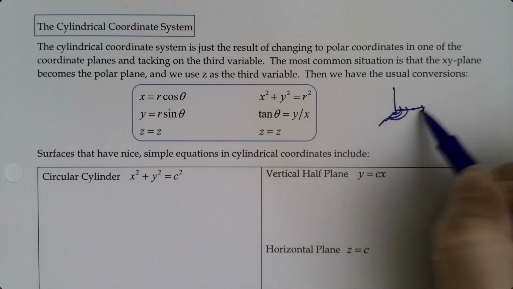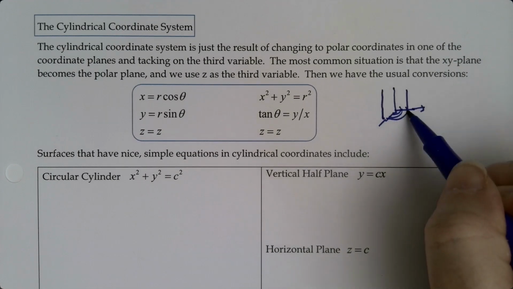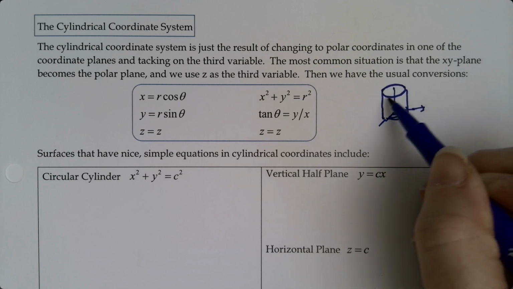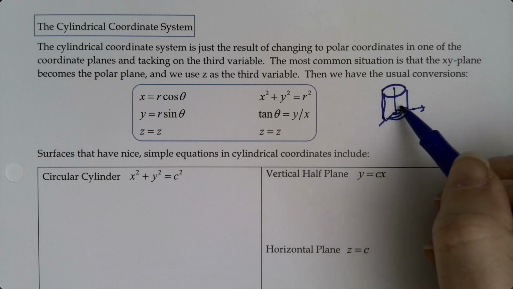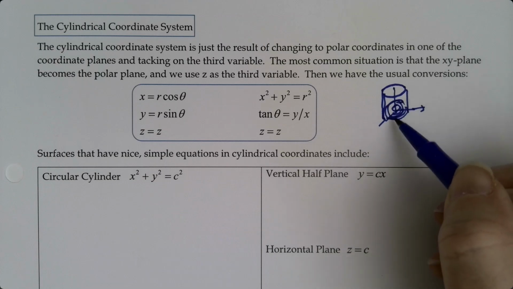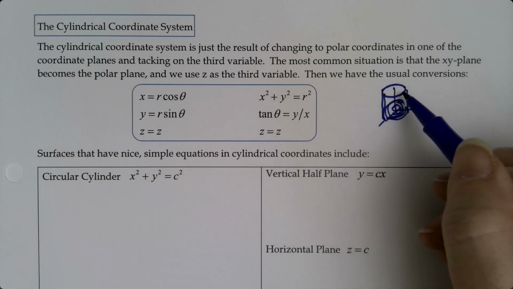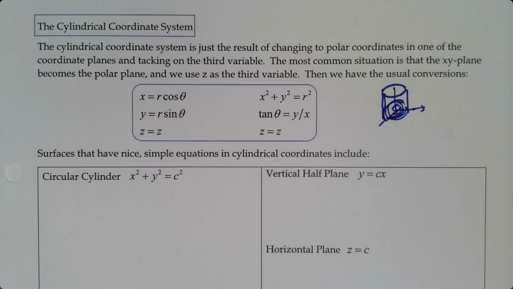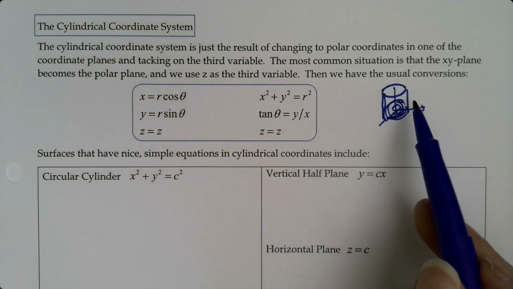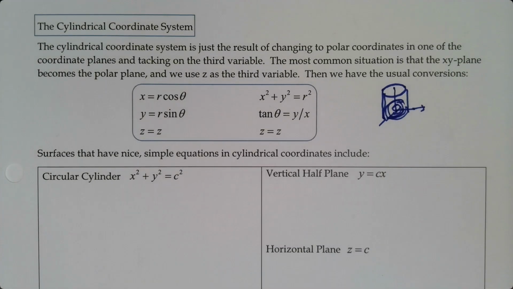And then you imagine that polar grid being taken up to a 3rd dimension. So you have your polar grid going around in circles at the base, and you expand it in a 3rd dimension. That's the cylindrical coordinate system. You build a cylinder out of the polar coordinate system.